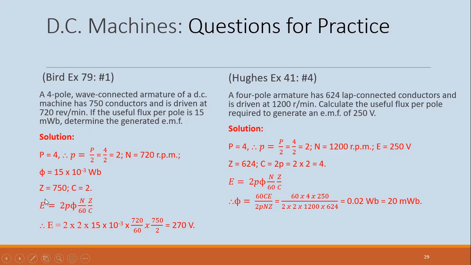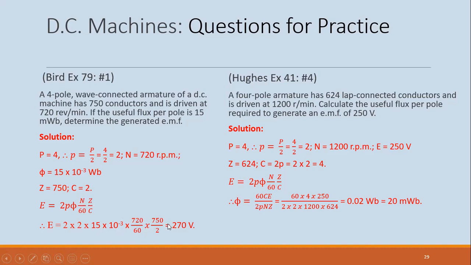So basically what we do now is to just put the values into this equation. So 2P is 2, phi is 15 times 10 to the minus 3, N is 720 divided by 60 here, since it is revs per minute.